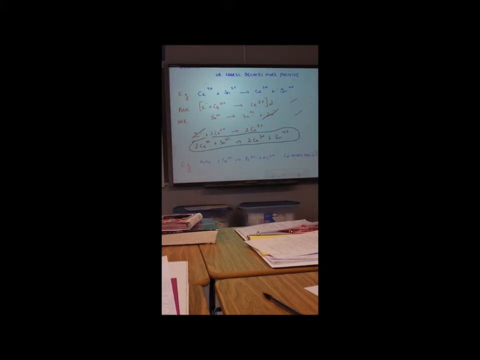This isn't Chem 1 anymore. We're not just trying to balance equations and make things happy and check off something on a checklist. We want to understand it at the atomic level, at the molecular level, and understand why you need twice as much cerium reacting in order to oxidize that tin.